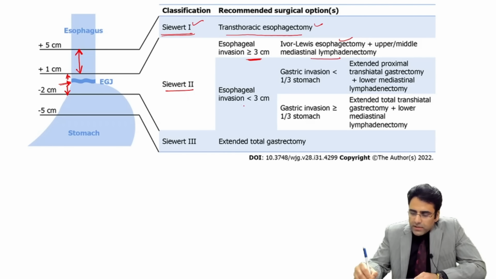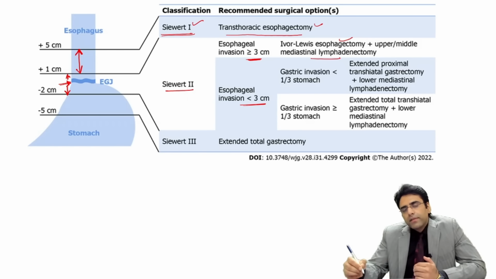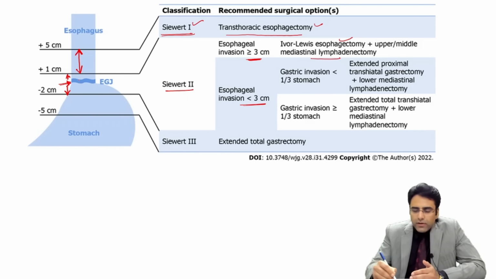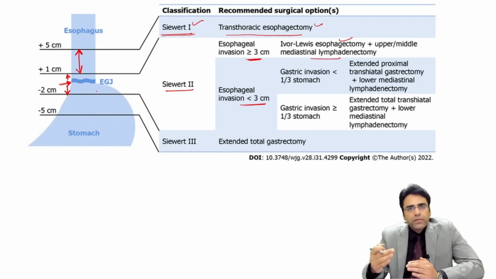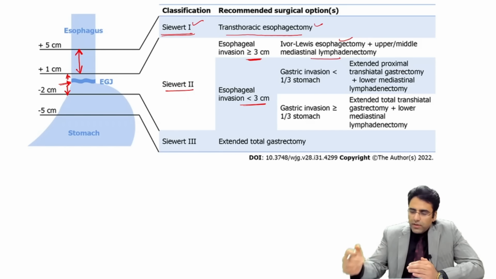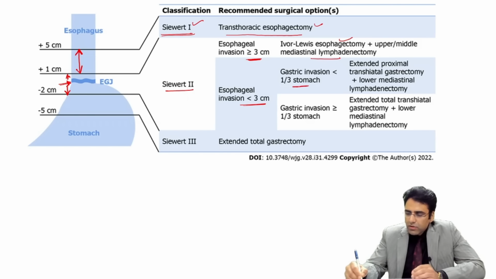If esophageal invasion is less than 3 centimeters, because Sievert type 2 is involving the esophagus as well as the stomach, and gastric invasion is less than 1/3 of the stomach, we will go for extended proximal transhiatal gastrectomy with mediastinal lymphadenectomy. But if gastric invasion is more than or equal to 1/3 of the stomach, we will go for extended total transhiatal gastrectomy along with lower mediastinal lymphadenectomy.